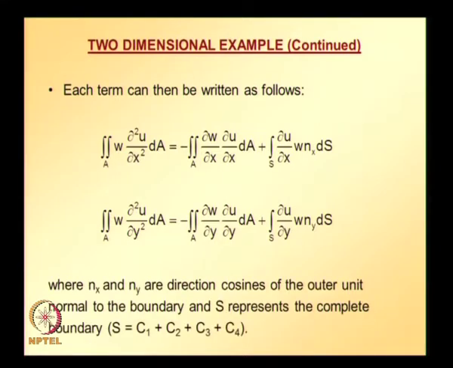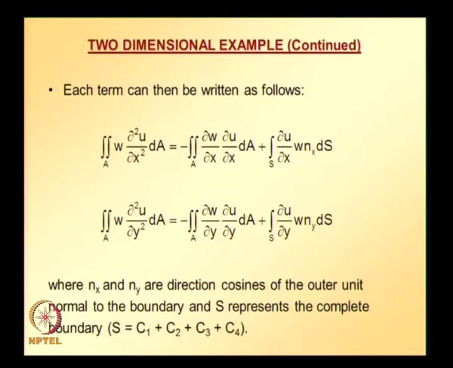here nx and ny are the direction cosines of the outer unit normal to the boundary, where S is the total boundary, comprising C1 plus C2 plus C3 plus C4. And if you see the second term in each of these equations, it consists of W. So, basically this integral over S reduces to the integral along C2 alone, because along C1, C3 and C4 W, the weight function, is equal to 0.